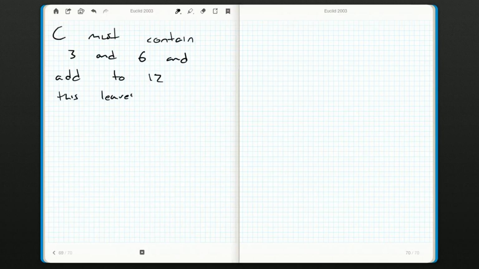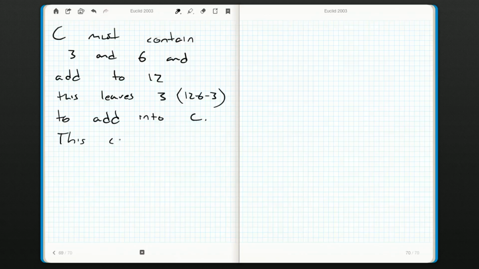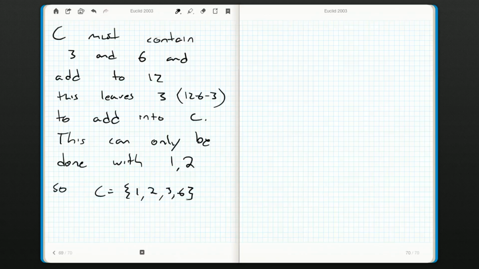This leaves 12 minus 6 minus 3, to add into C. This can only be done with 1 and 2. So C must be 1, 2, 3, and 6.